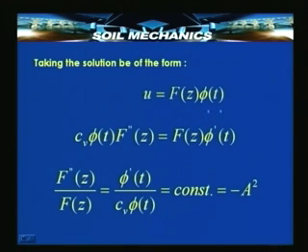Since these two are independent functions involving independent variables, this is a process known as separation of variables. We can now substitute these in the differential equation Cv ∂²u/∂z² = ∂u/∂t, and then we get this constant.